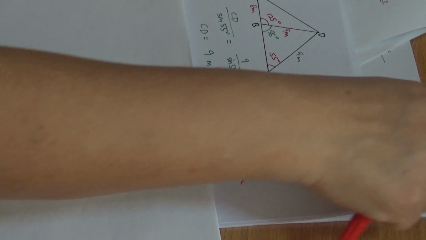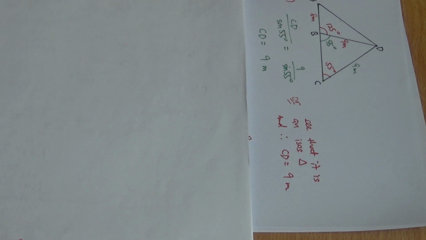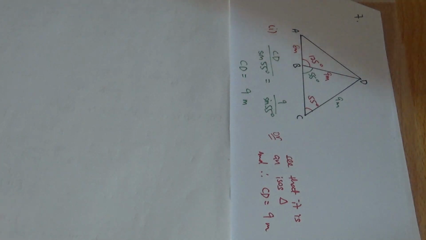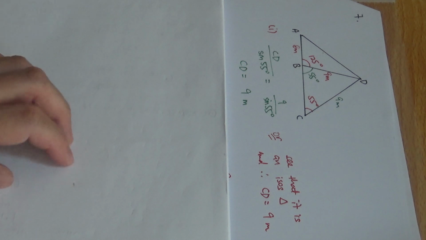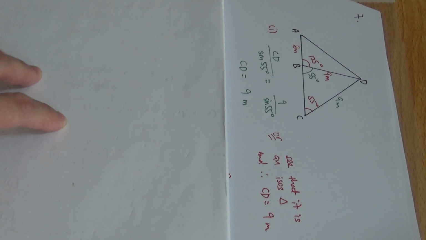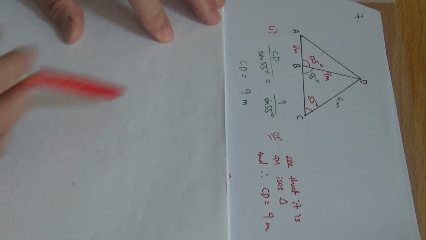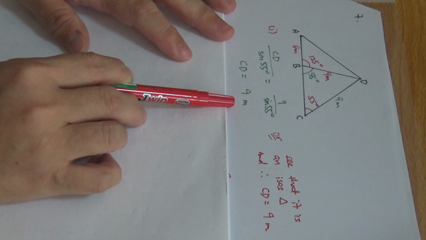Now I'm going on to the next one, that is question number 7. Let's take a look at the diagram. Now, most of us will start with the sine rule and realize that CD is 9 meters.